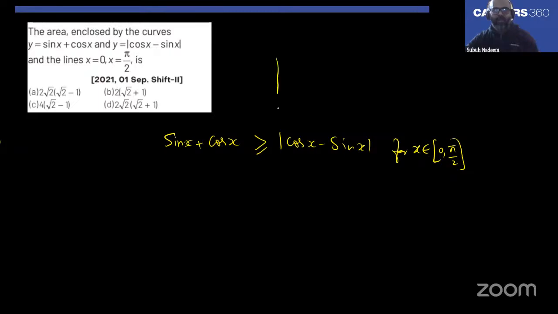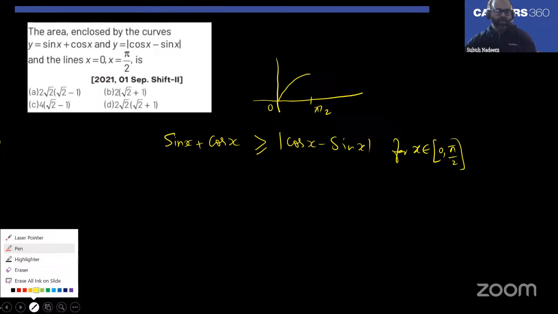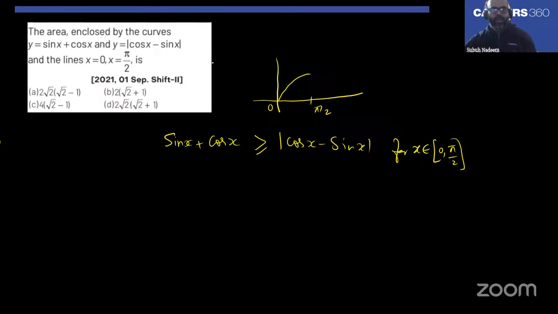Now the graph of sin x and cos x, which we know, this is the graph of sin x from 0 to pi by 2. And if we draw the graph of cos x, the graph of cos x is like this, and they meet at pi by 4. So this is sin x, this is cos x.